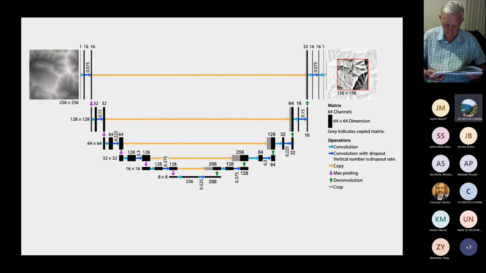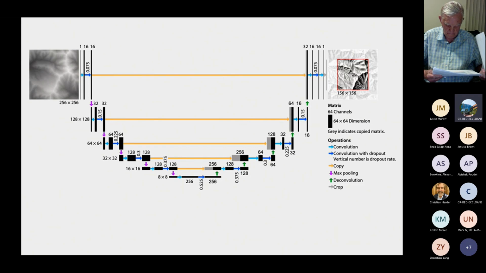On the top left, we have the input. In this particular case, we have an elevation model as an input raster. And on the top right, we have a shaded relief raster again. So this particular UNet converts an elevation model into a shaded relief.